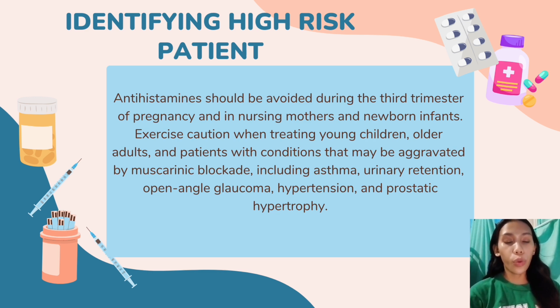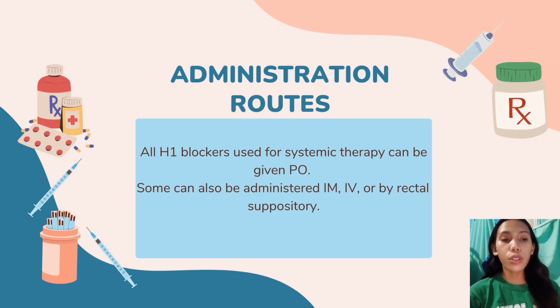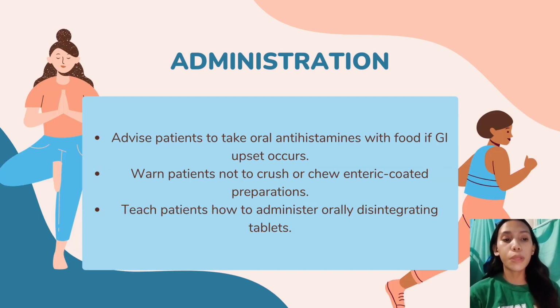Administration routes: all H1 blockers used for systemic therapy can be given orally. Some can also be administered IM, IV, or as a rectal suppository. Advice for the patient is to take oral antihistamines with food if GI upset occurs. Warn patients not to crush or chew enteric-coated preparations. Teach patients how to administer orally disintegrating tablets.